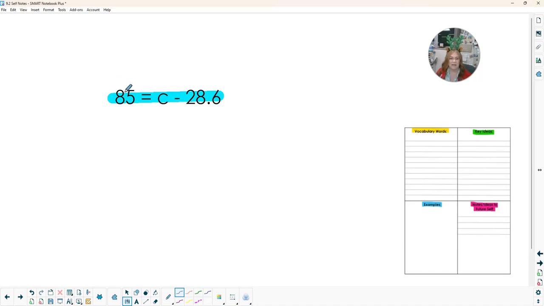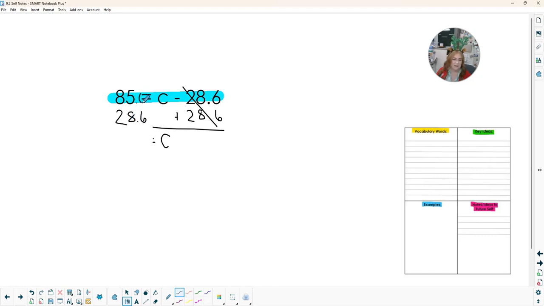And last one, we have 85 minus c equals c minus 28.6. So we want c by itself, so we're moving 28.6 to the other side. So to do that, we add 28.6 here, which cancels it out. So we're just left with c. And then on this side, we need to make sure we're lining up those decimals.